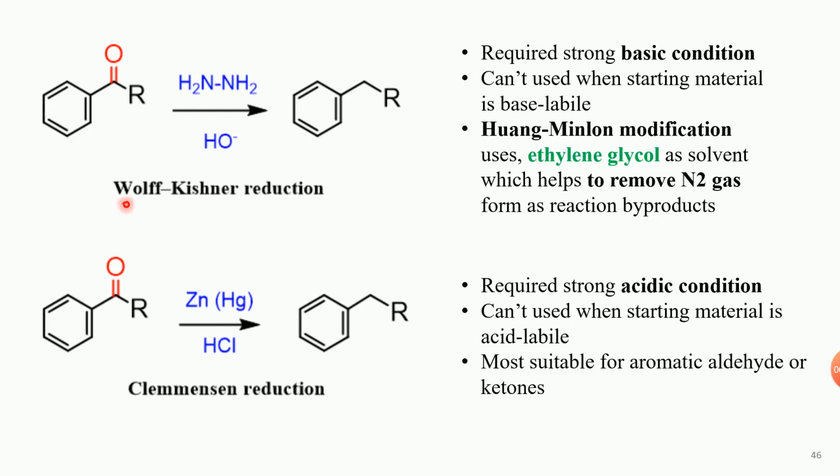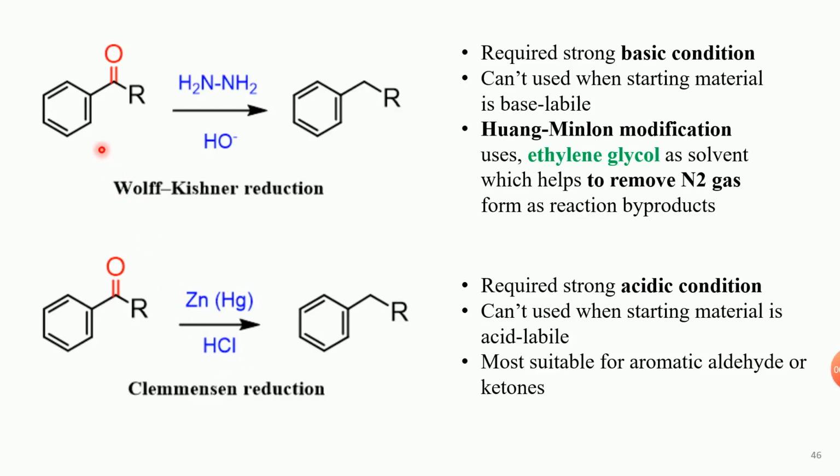And conversely, if starting materials are highly degradable or susceptible to acid such as HCl, then such a ketone or aldehyde is reduced using the Wolff-Kishner reduction reaction, because Wolff-Kishner uses base and Clemmensen uses acid.